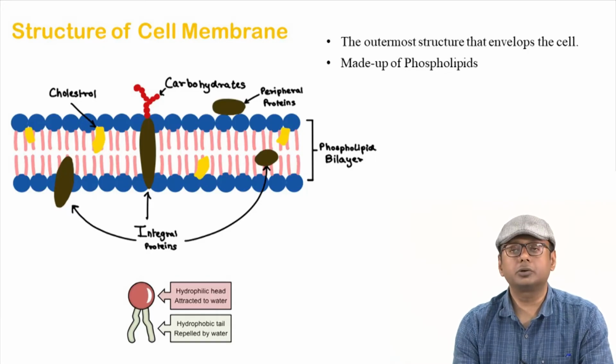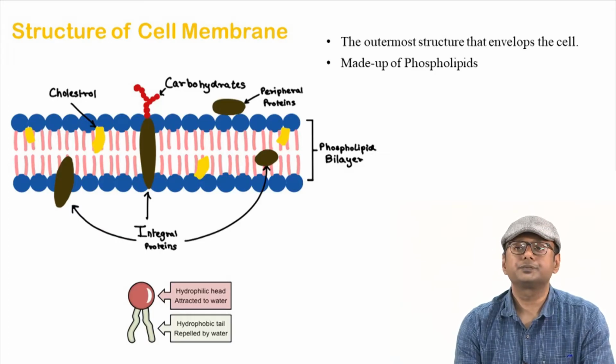It also controls the movement of water, because having excess water inside cells is also not good. It can burst the cell. It also controls the movement of ions like sodium ions and potassium ions. Finally, it controls the movement of various proteins, glucose, and many other components.